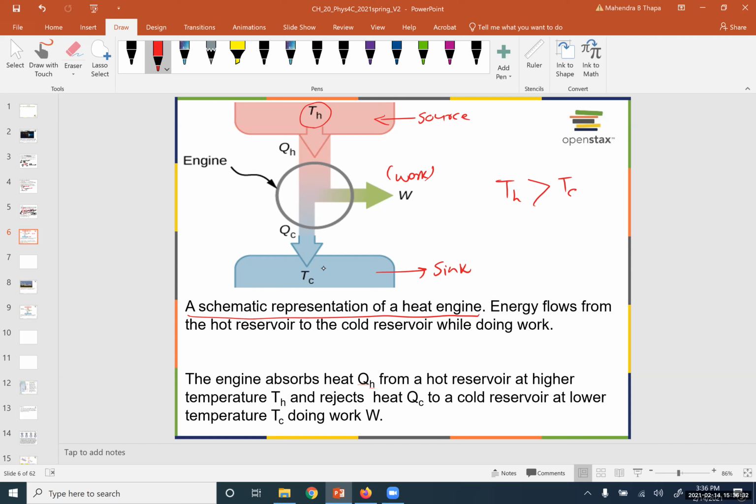Heat engines convert heat into mechanical work, but not 100%. We'll come to this point.